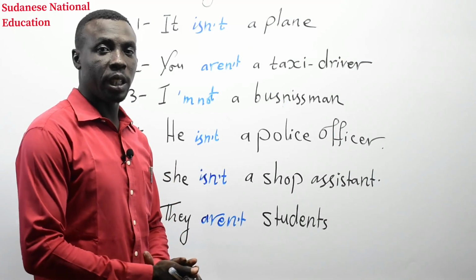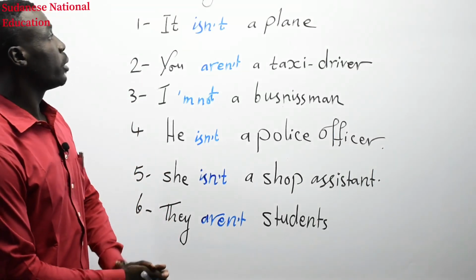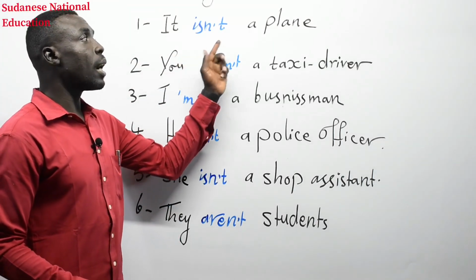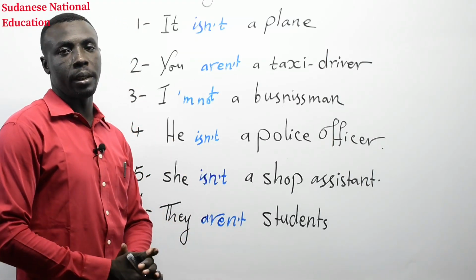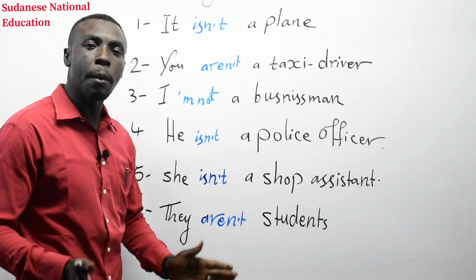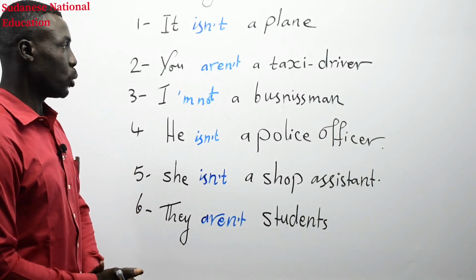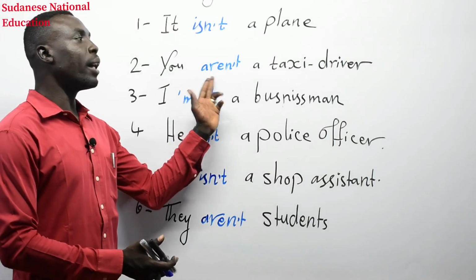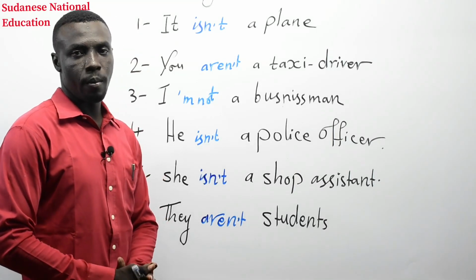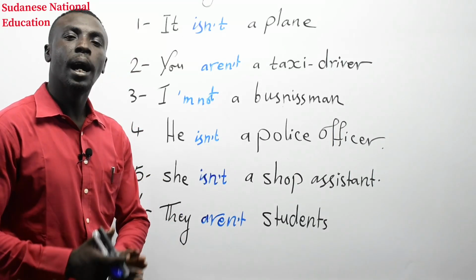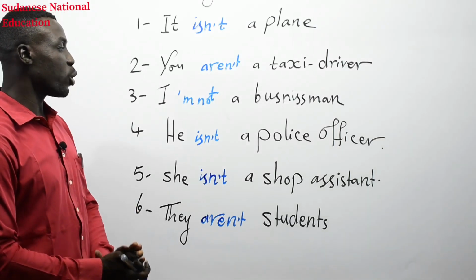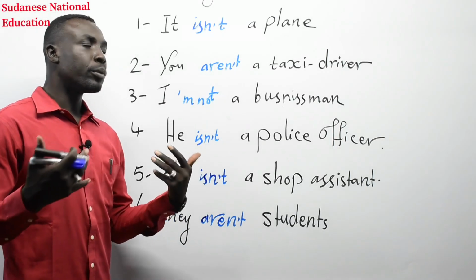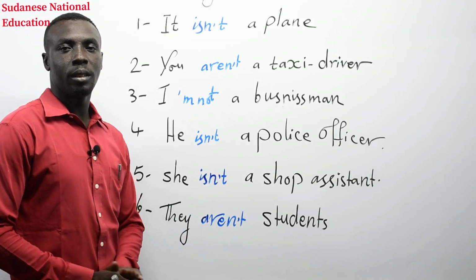Here are some more negative sentences. Number one, it isn't a plane. Number two, you aren't a taxi driver. Number three, I'm not a businessman.